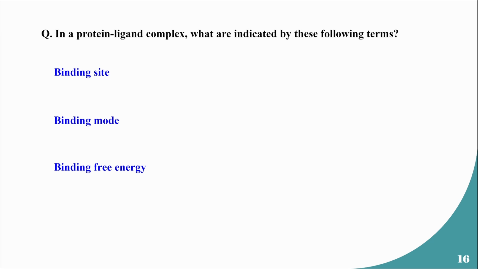Then what is the difference between the binding site and binding mode? And then what would be a good way to talk about the binding free energy? Like what sort of energy are you talking about here?